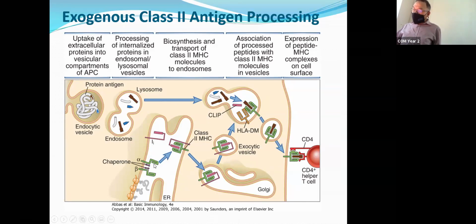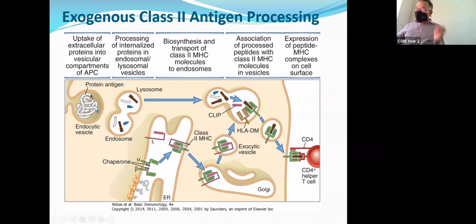And as they are assembled, you have another protein called the invariant chain. What this invariant chain does is it sits within the peptide binding groove, which allows for the newly made alpha and beta chains to come together, right? So think of this invariant chain like bubble wrap on something you just bought from Amazon, right?